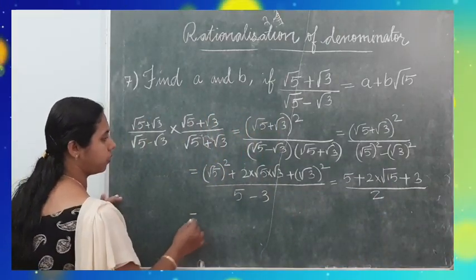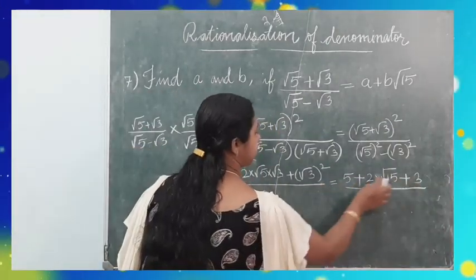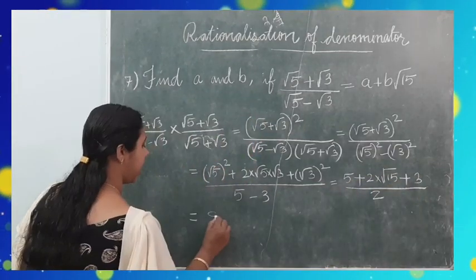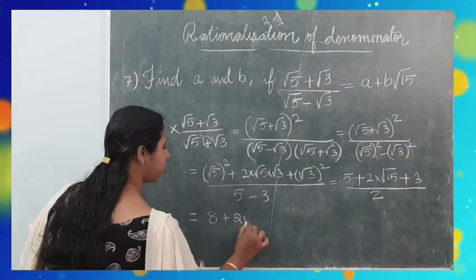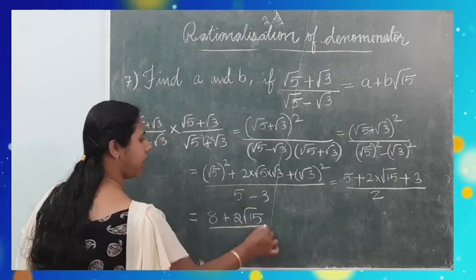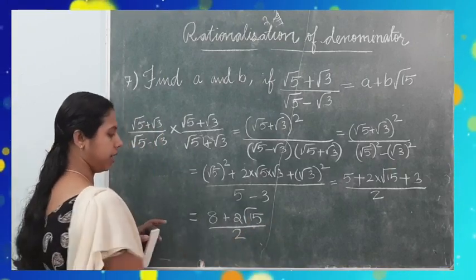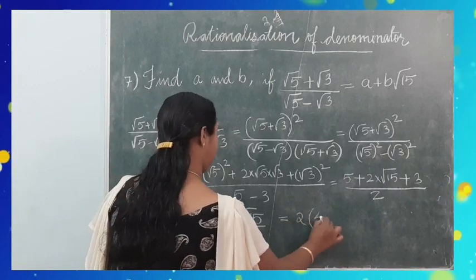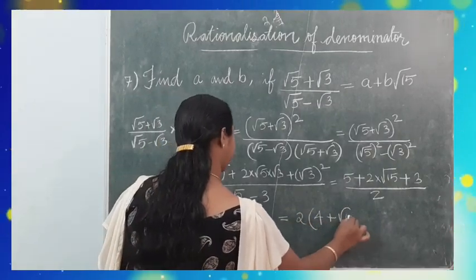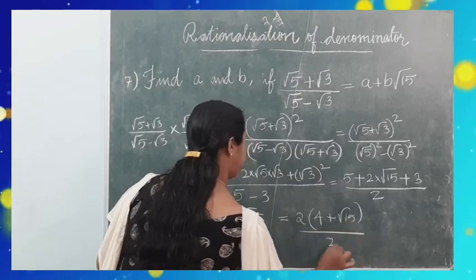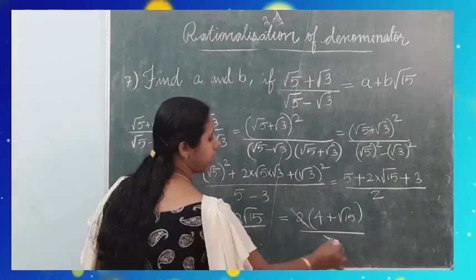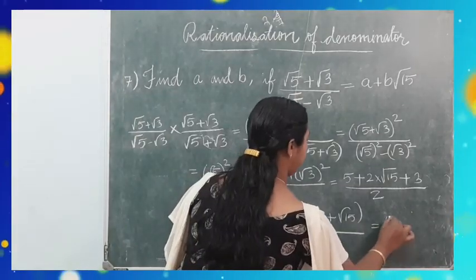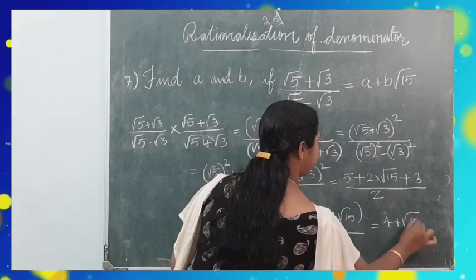Which is equal to, you can add the rational numbers first. 5 plus 3, 8. 8 plus 2 root 15 divided by 2. 2 is a common factor, you can take it out. Then 4 plus root 15 divided by 2. 2 and 2 cancel, which is equal to 4 plus root 15.